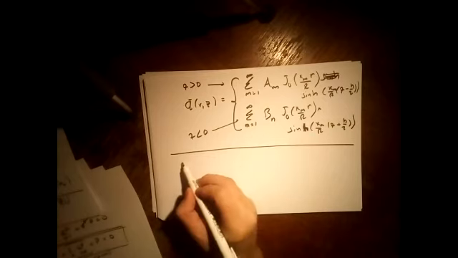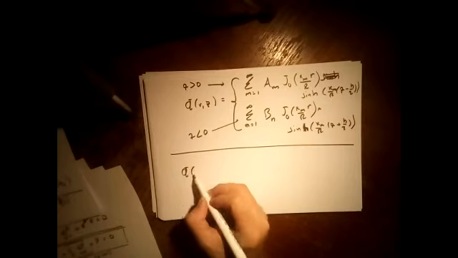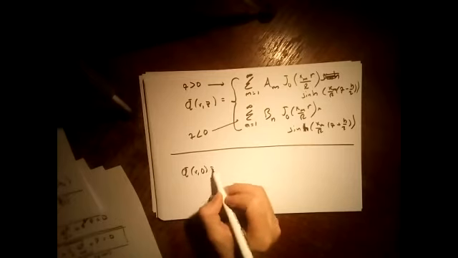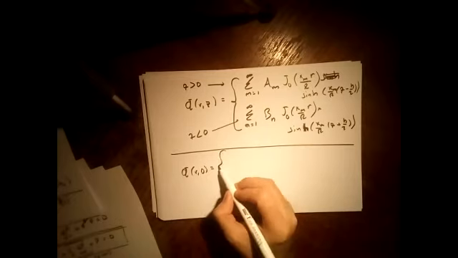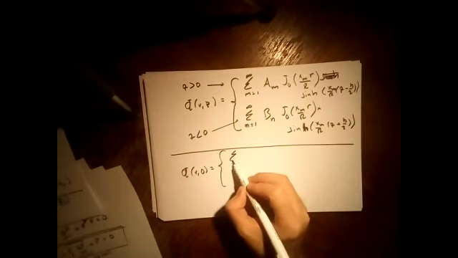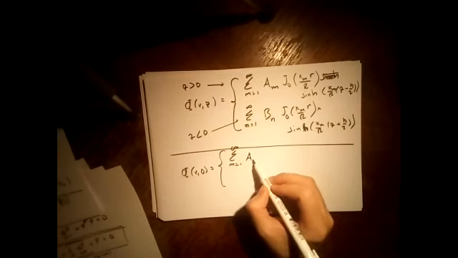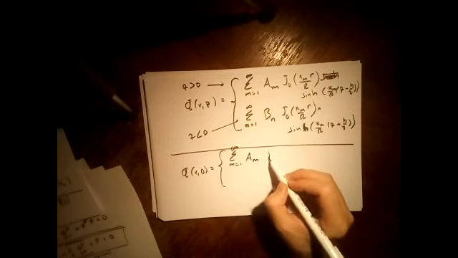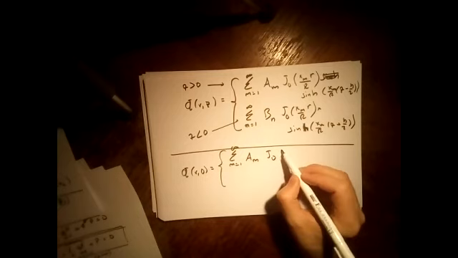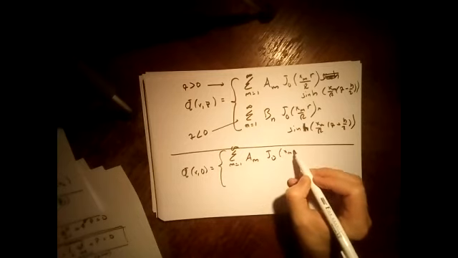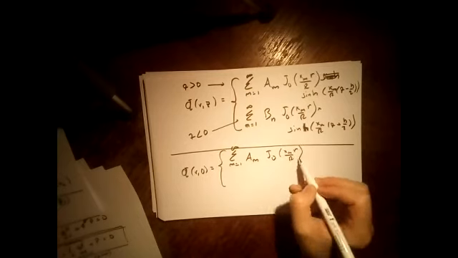So I'm going to say phi(r, 0) is the sum over m equals 1 through infinity of a_m J0(x_m r over R).